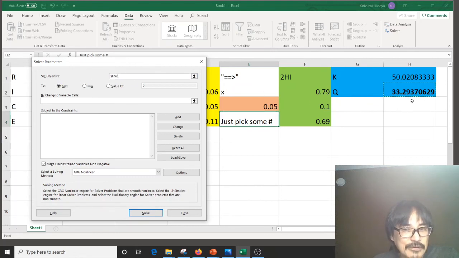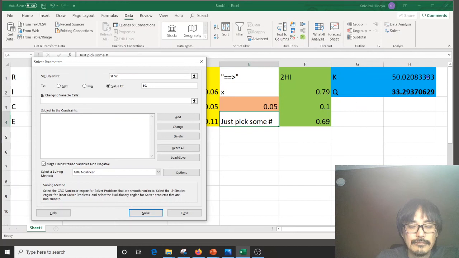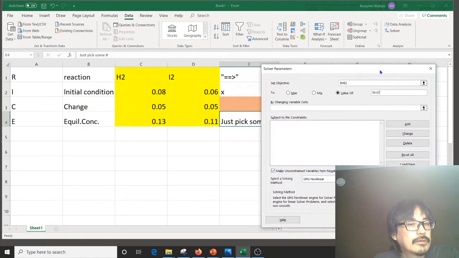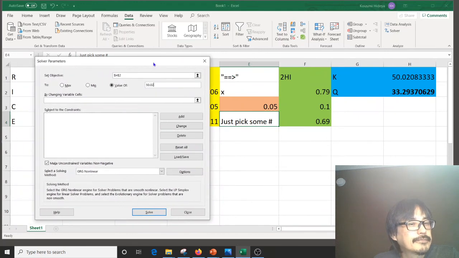So I'm going to click this particular Q value, the current value of Q, to have a value of 50, because this thing is 50.02. By changing the value of x right here.